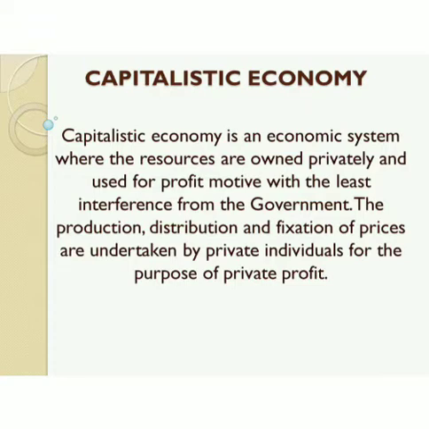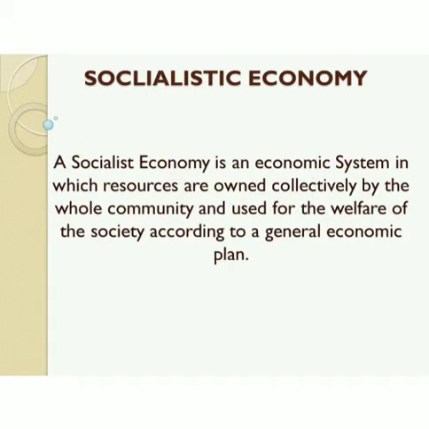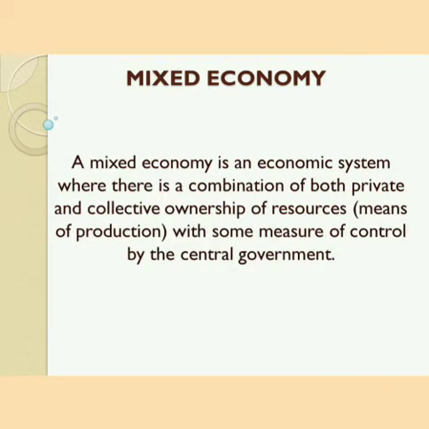The second system is known as a socialist economy. A socialist economy is an economic system in which resources are owned collectively by the whole economy and used for the welfare of the society according to a general economic plan. The third kind of economic system is known as a mixed economy, where there is a combination of both private and collective ownership of resources.